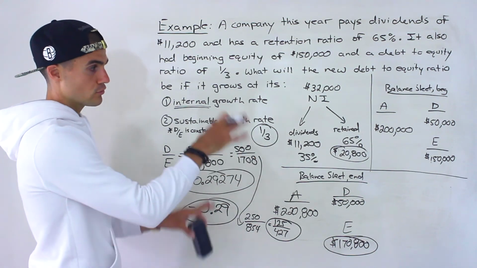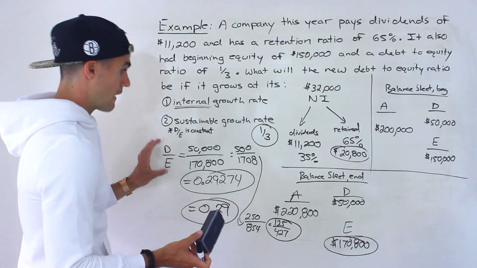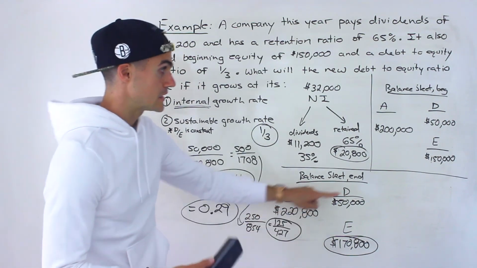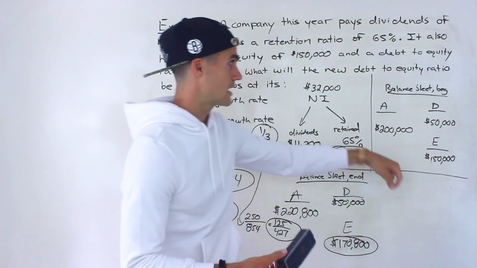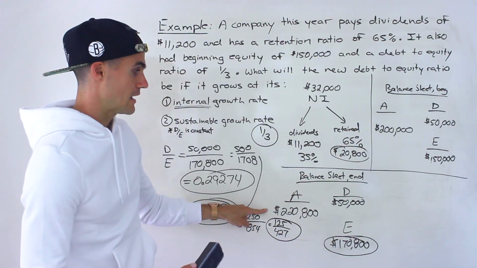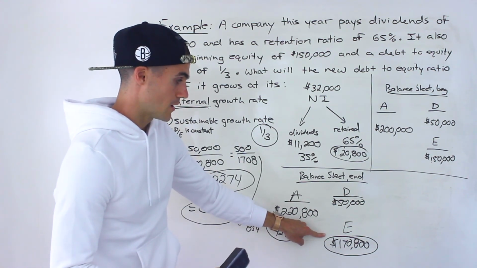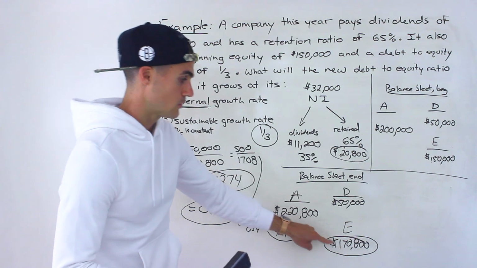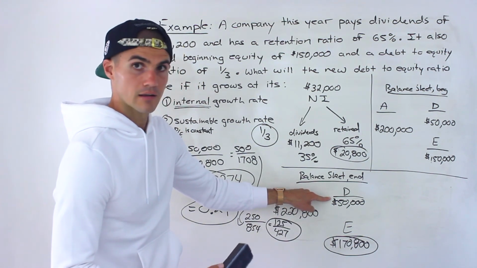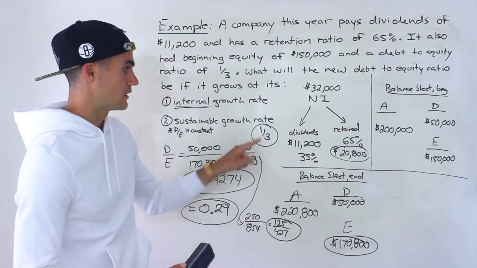Now, if you wanted to go through the whole process, we've done that in previous videos of finding the sustainable growth rate using the net income and then that beginning equity times the retention ratio, grow the assets by that amount, and then find the equity. It would be this, and then you could find the difference between those to get that debt, and then you'll find that that debt over equity would be 1/3.